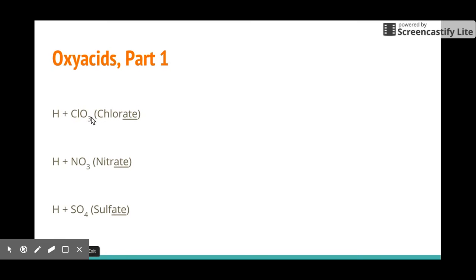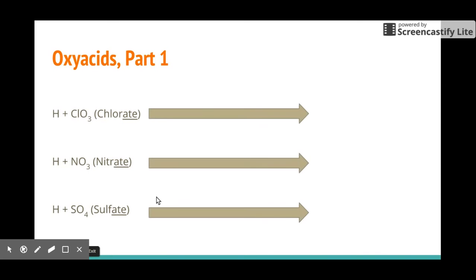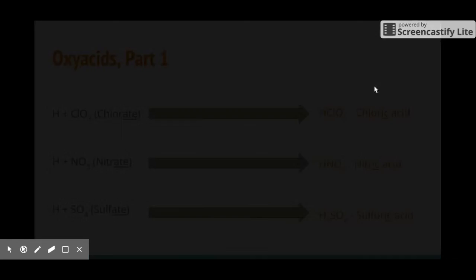Oxyacids whose anions end with the suffix "ate," so for example, chlorate, nitrate, and sulfate, must end with the suffix "ic." So we have HClO3 is chloric acid, nitric acid, and we have sulfuric acid. You can see I underlined just the suffixes that change. So "ate" becomes "ic" in here.